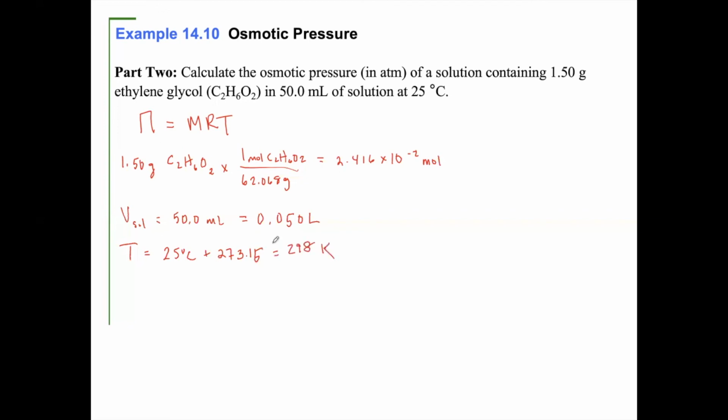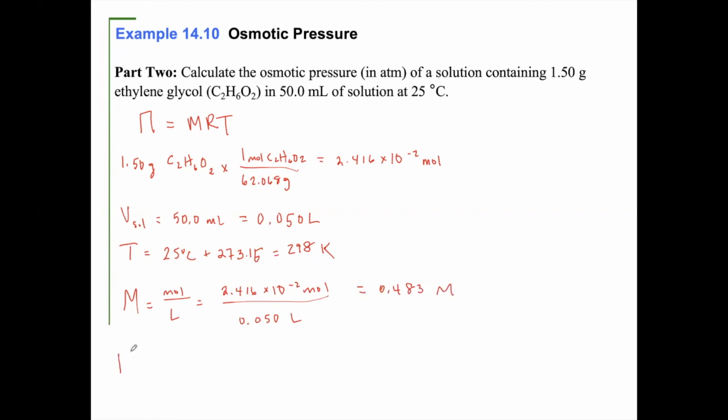Okay, and I think now we have all the information we need. We need to find first the molarity so that we can calculate the osmotic pressure. The molarity, right, is the moles of solute over liters of solution. So we're going to divide the moles of ethylene glycol by the liters of solution. And that'll give us 0.483 molar.